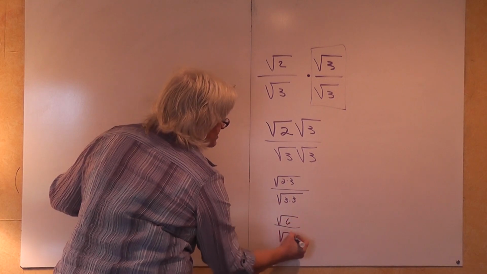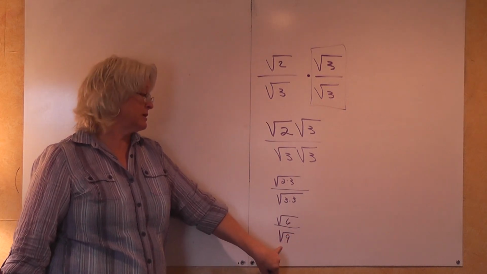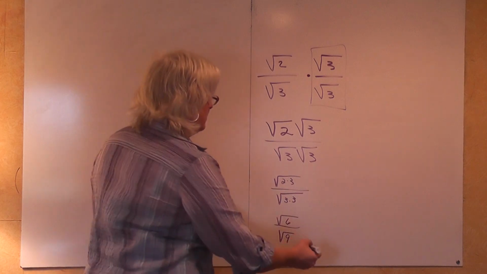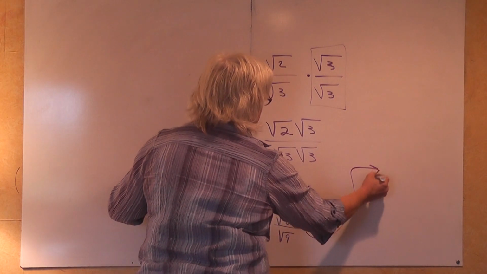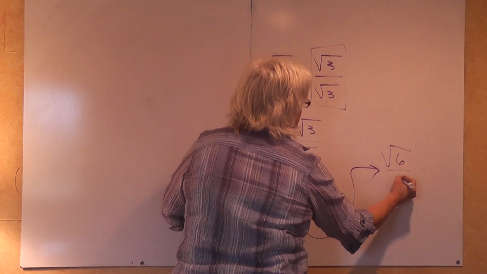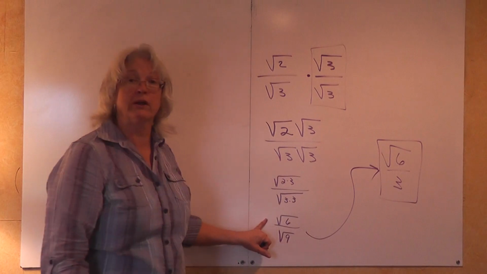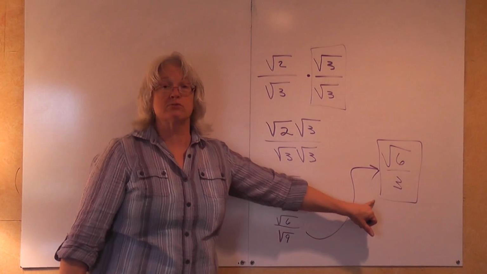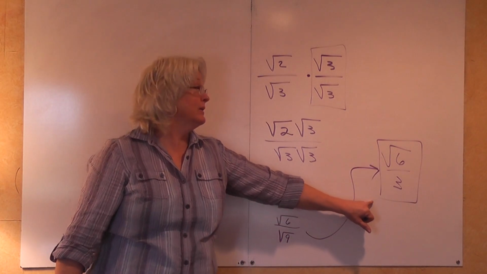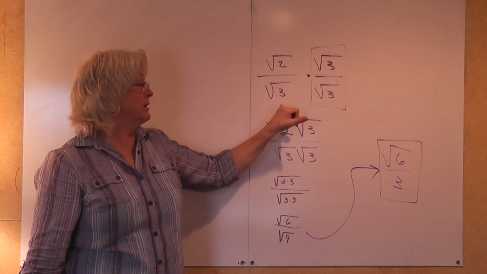Let me put this extra unnecessary step down there. Square root of 3 times 3 is the square root of 9. This gives us as our answer the square root of 6 divided by 3.